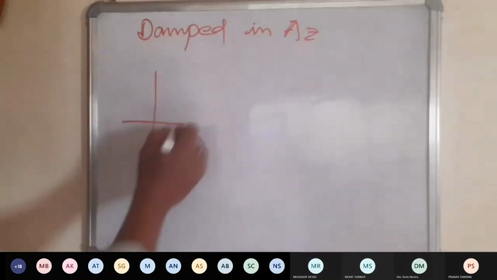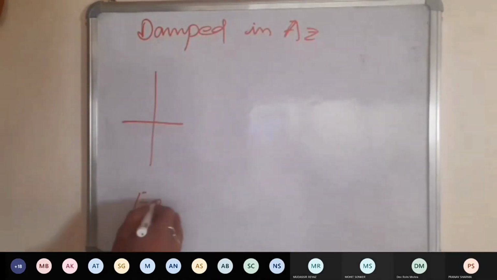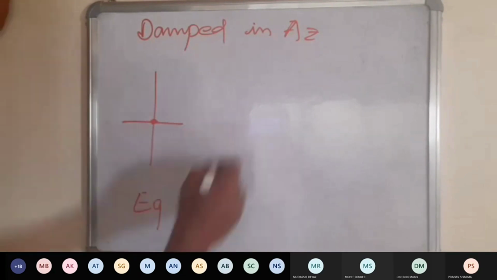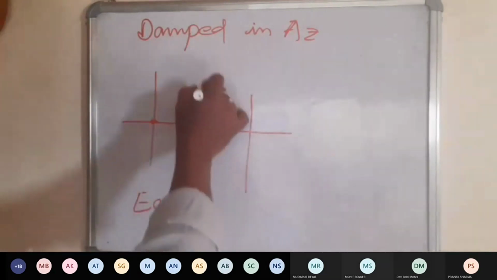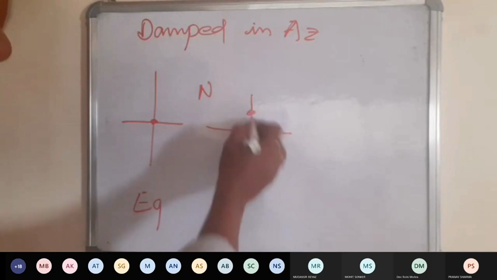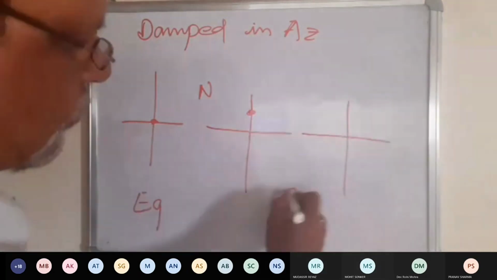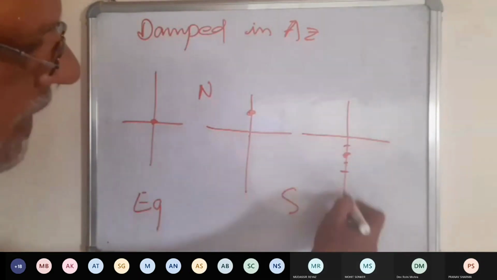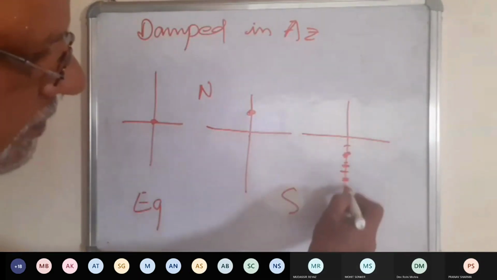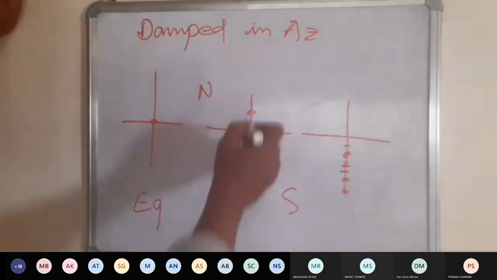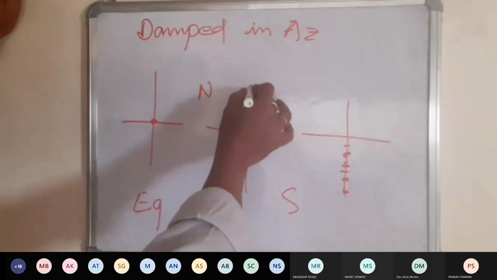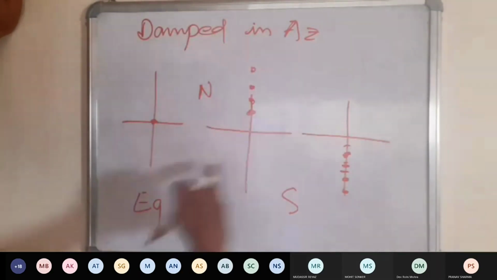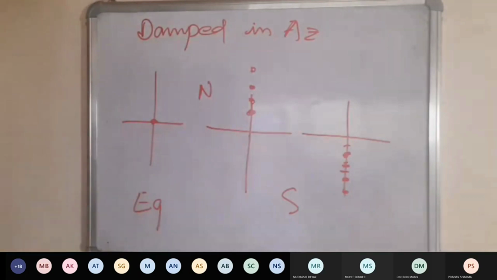They settle down like this. On the equator, at this place; in north, it is settling down here; in south, it is settling here. As latitude increases, the settling will be like this. As north latitude increases, the settling will be like this.